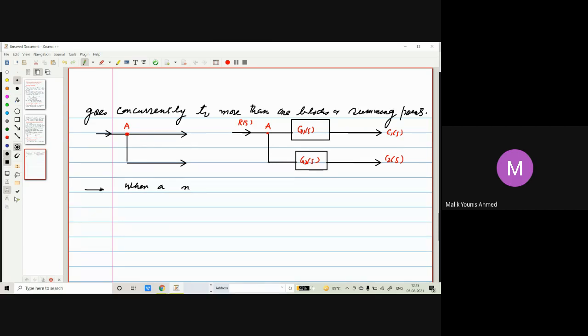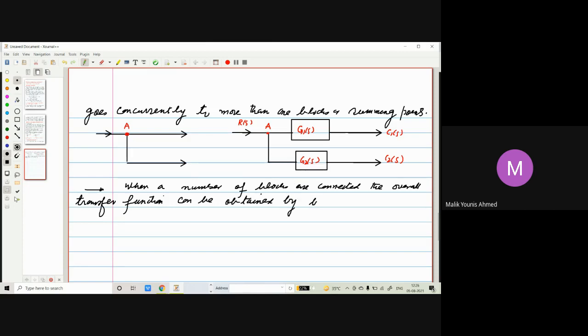When a number of blocks are connected, the overall transfer function can be obtained by block diagram reduction technique.